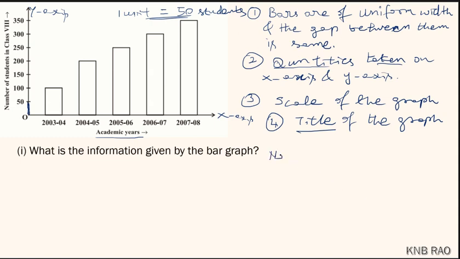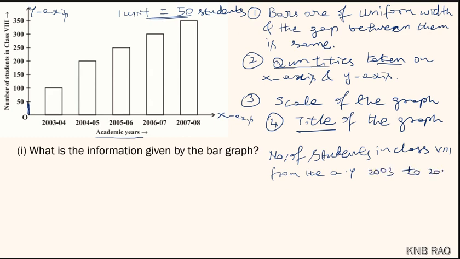I will say that the number of students in class 8th from the academic year 2003 to 2008. So, the graph is representing the number of students or the strength of class 8th from the academic year 2003 to 2008, isn't it?